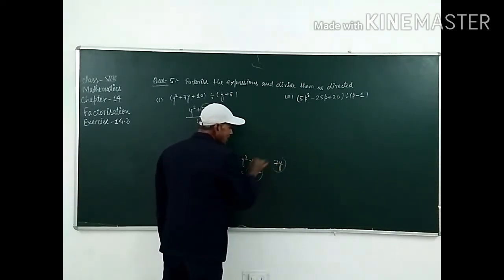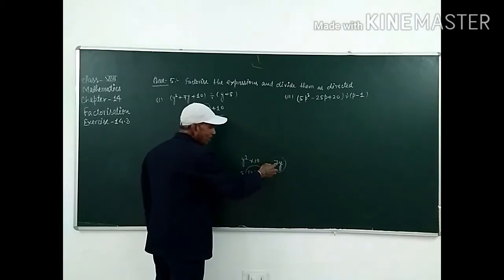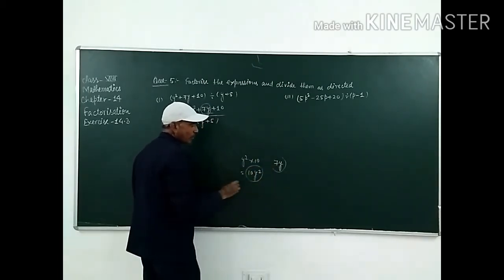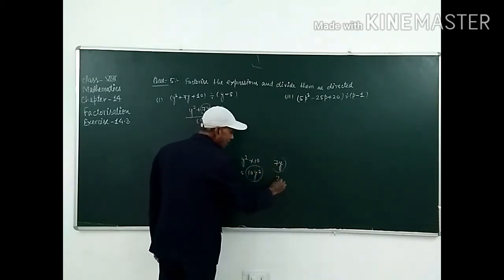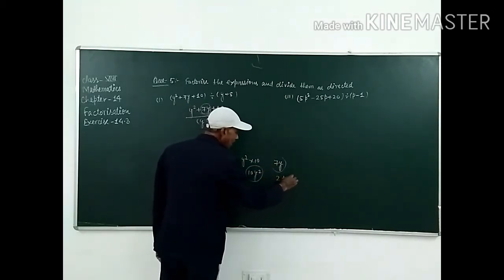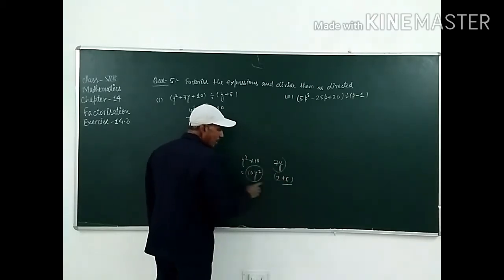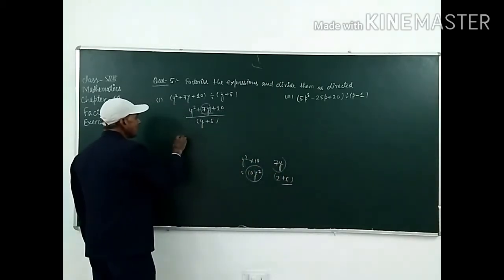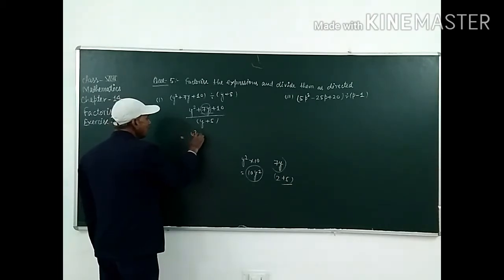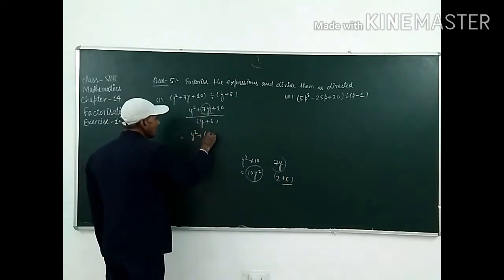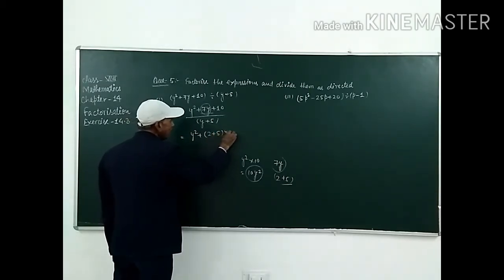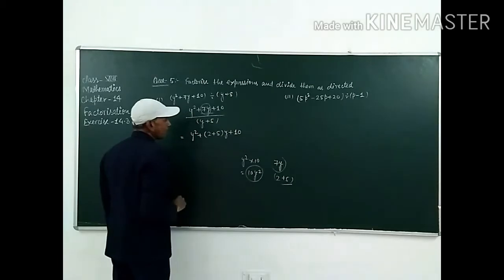We have to split this 7y in two parts such that the product of these two parts must be equal to 10y square. So we have taken here 2 plus 5, that is 7. 2 into 5 is 10 and y into y is y square. Clear, students? So we will take here y square plus 2 plus 5 into y plus 10.